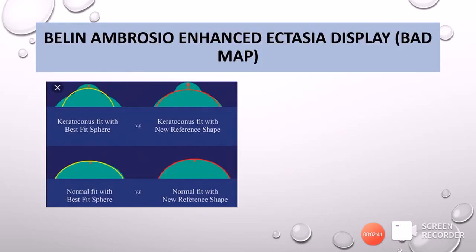Now this is what brings us to the Belin Ambrosio enhanced ectasia display, which is also called the BAD display, or BAD map, a very important feature of the Pentacam, in which the best fit sphere is converted to the new reference shape, which is the enhanced best fit sphere.